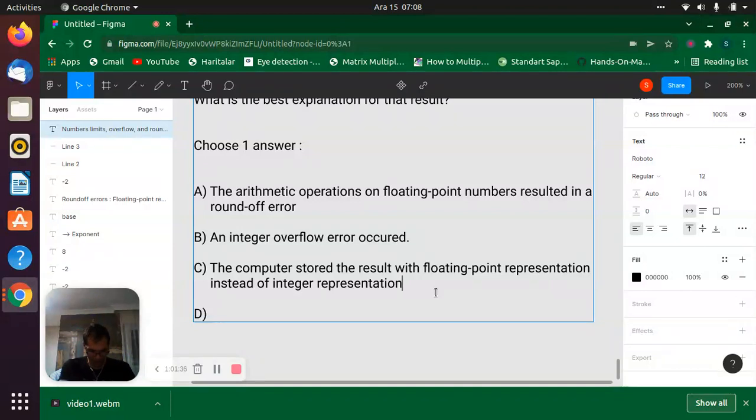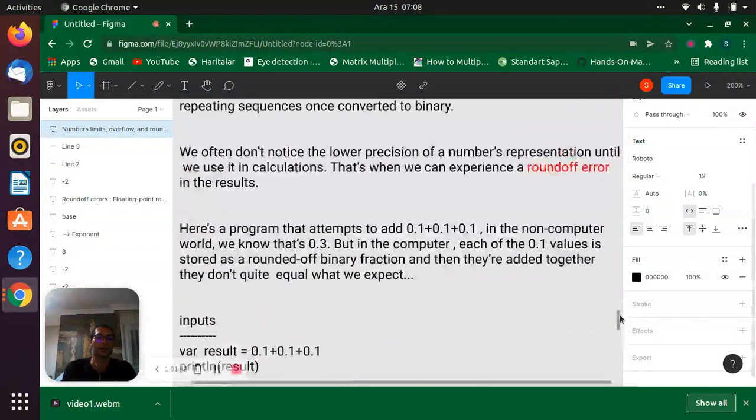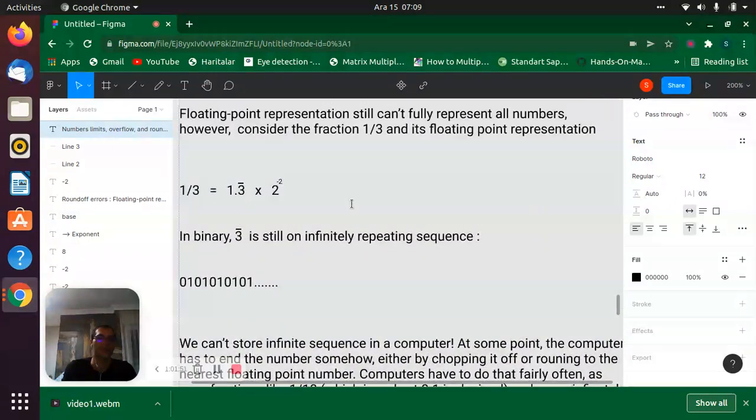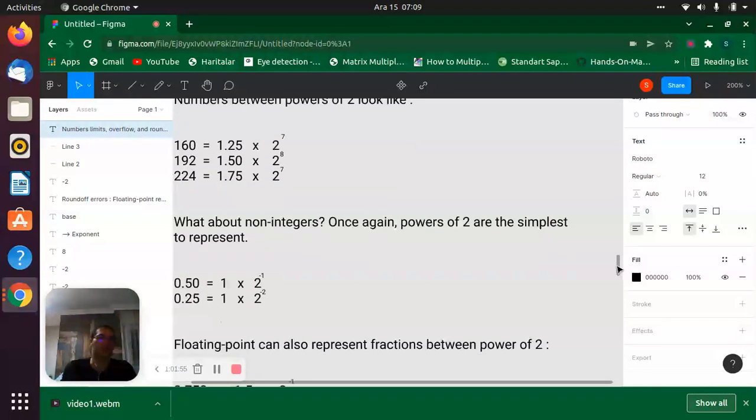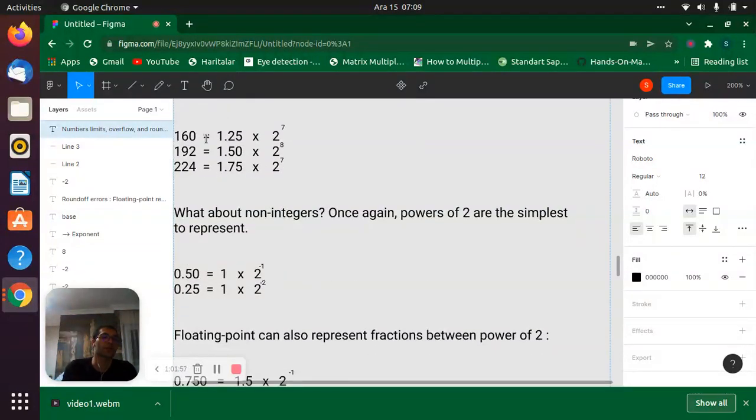How can the computer represent it with the integer representation? This is not possible. I told you, power of 2. We are looking at power of 2 with this number. I told you we do a lot of examples. We are doing operations, so computers do operations like that.